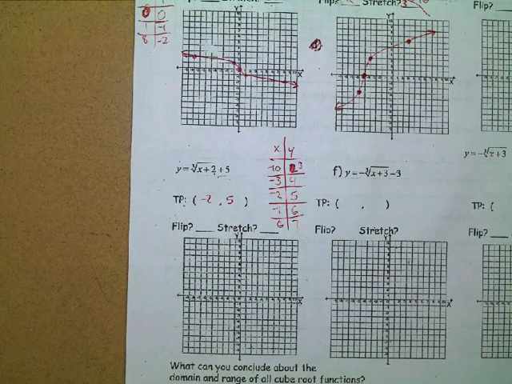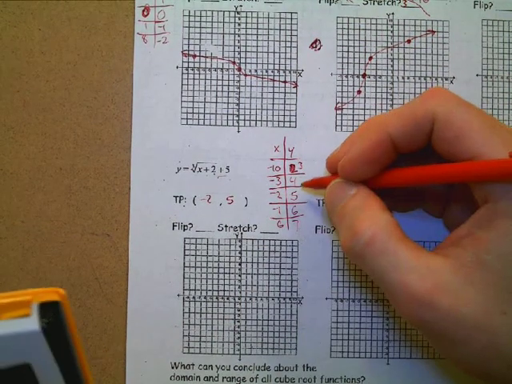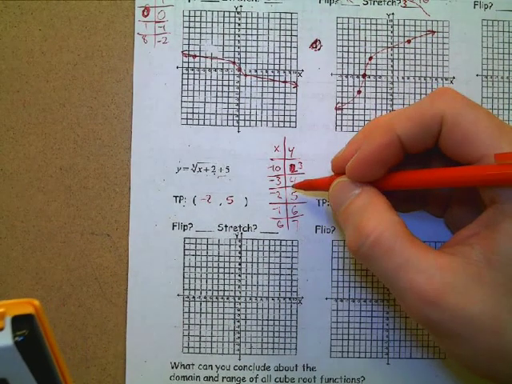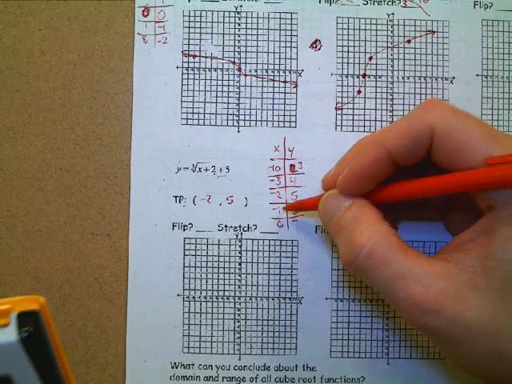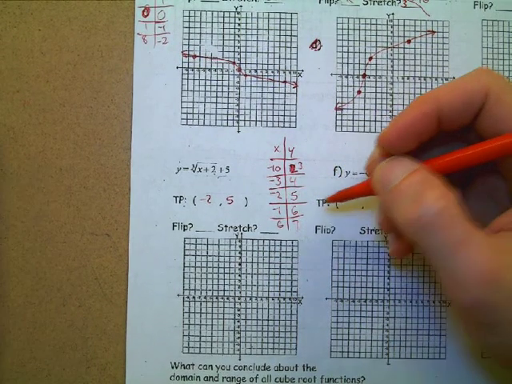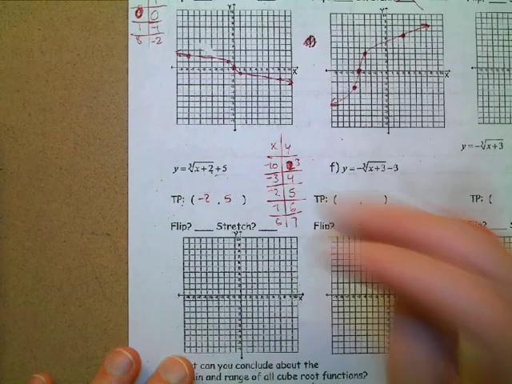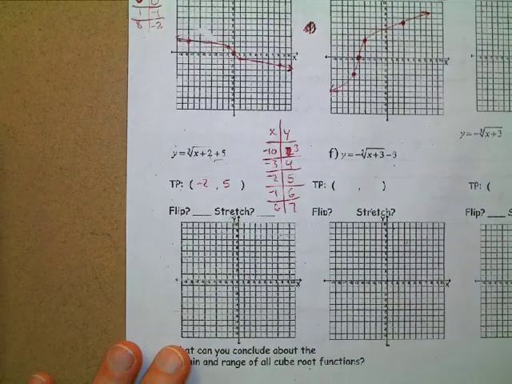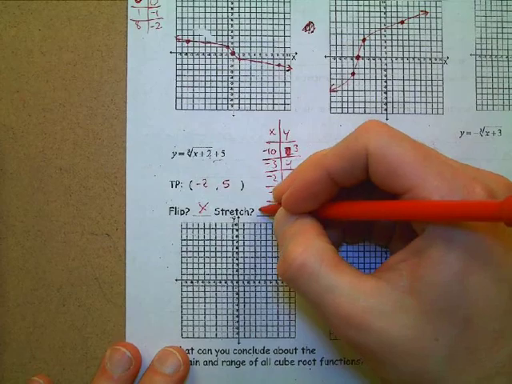All right, I have to cheat. So negative 10 should be 3. I can't do math. Forgive me there, folks. Negative 10 is 3. Negative 3 is 4. Negative 2, 5. Negative 1, 6. And then 6, 7. There we go.